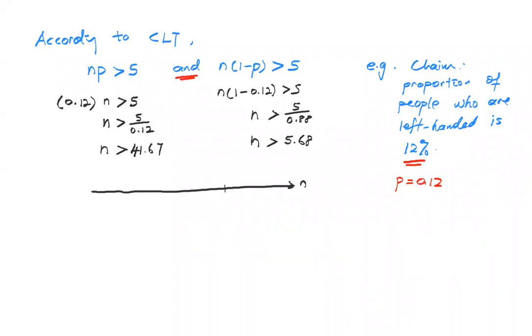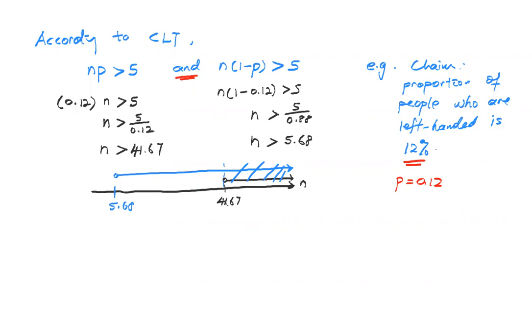Here is 41.67, so it must be from here onward, and the other one is 5 point something. You learned this in high secondary school, correct? So the overlap part is here.